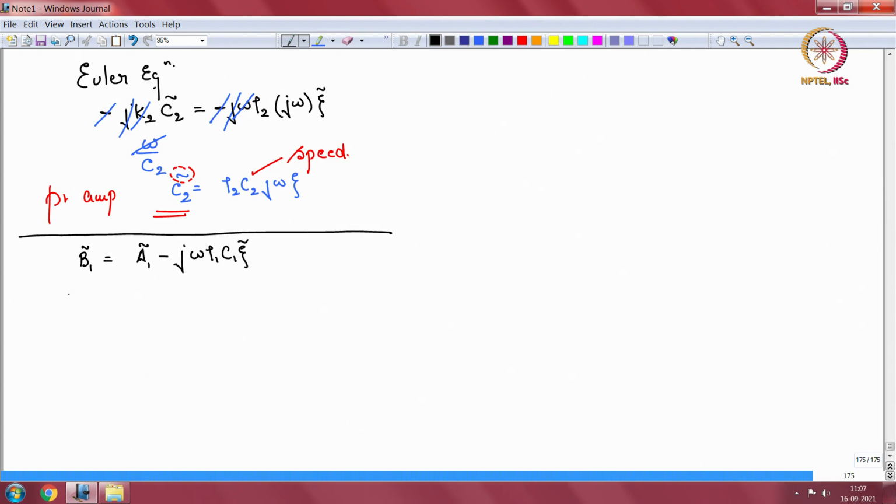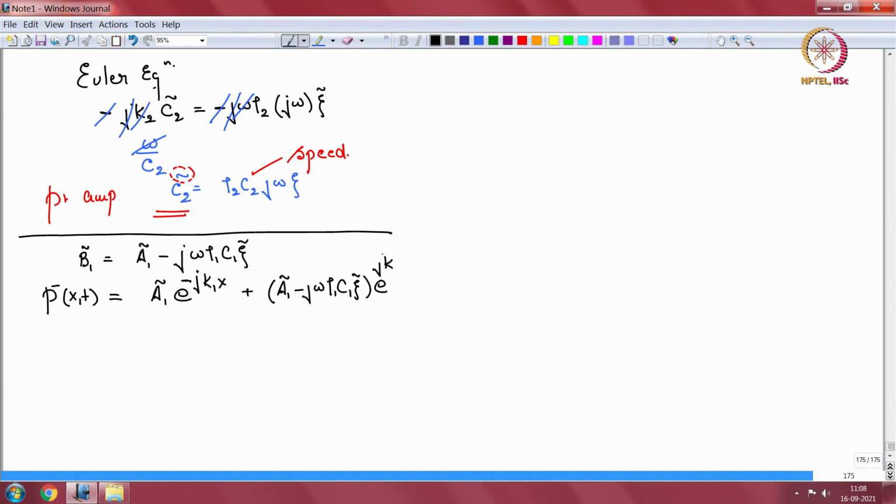Okay. So what is the pressure on the negative side, B minus side? That is given by A1 tilde e to the power minus j k1x plus A1 tilde minus j omega rho 1 C1 xi e to the power of j k1x.